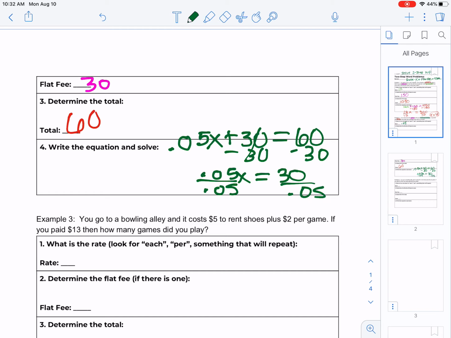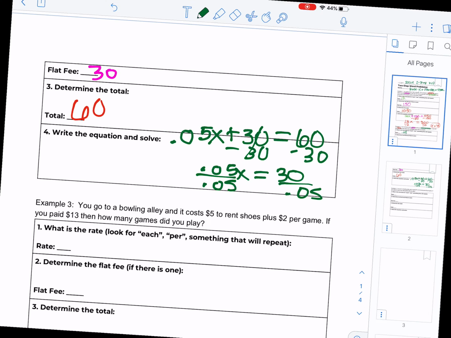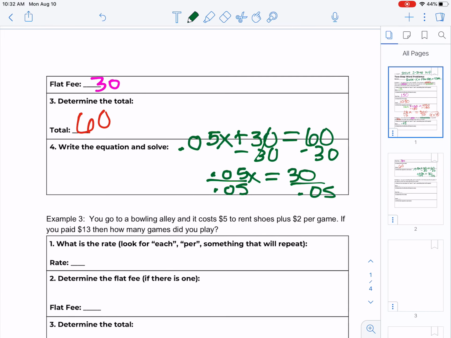If you don't know what 30 divided by 0.05 is, just plug that in your calculator. 30 divided by 0.05 is 600. So the correct answer is 600 text messages.